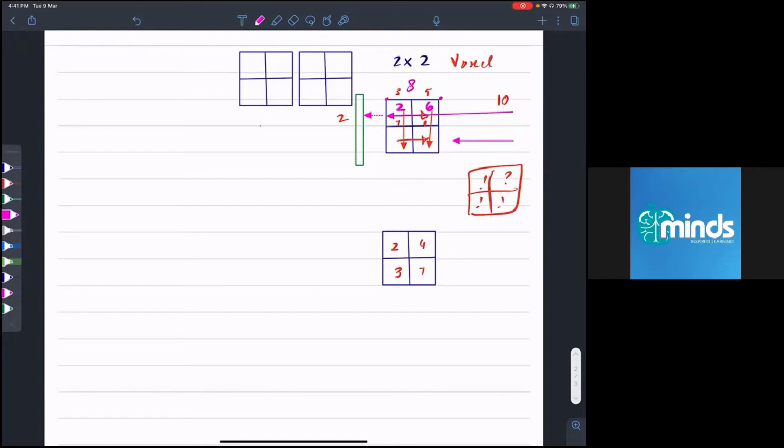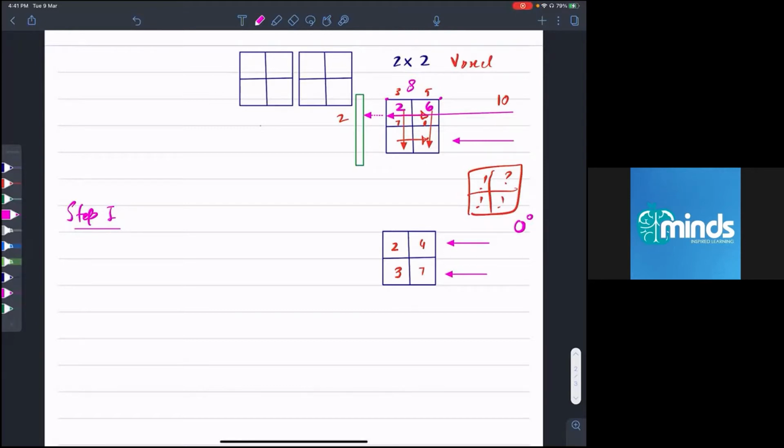Now, step number 1. Step 1 means 0 degree. X-ray will come from here. So what will be the impact of it?